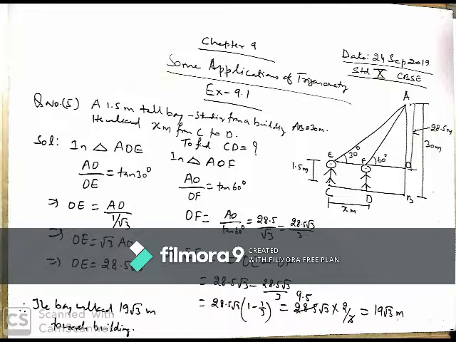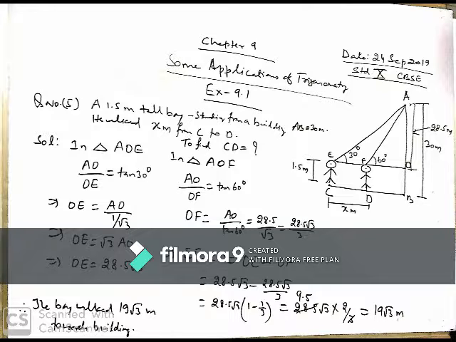But what we need to find is CF, which he walked, that X meter distance. So in another triangle, let us go for AOF, where the angle of elevation is 60 degrees. Again applying the same principle, AO by OF is tan 60 degrees, so OF is equal to AO by tan 60 degrees. Tan 60 degrees is root 3, and AO is 28.5, so OF is 28.5 by root 3.